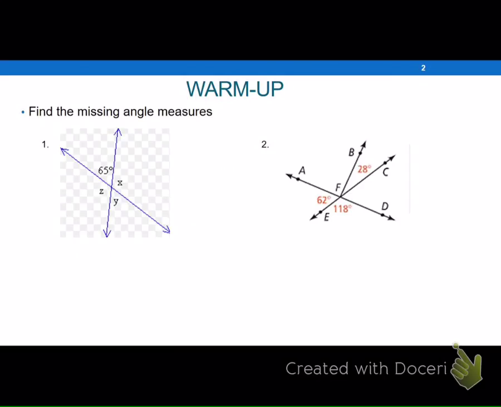So find the measures of each angle. Tell me, what do you know about the angle that is 65 degrees and angle X? What do they form? If we think back to last unit, what do they form? So they are a linear pair, which means they add to what?